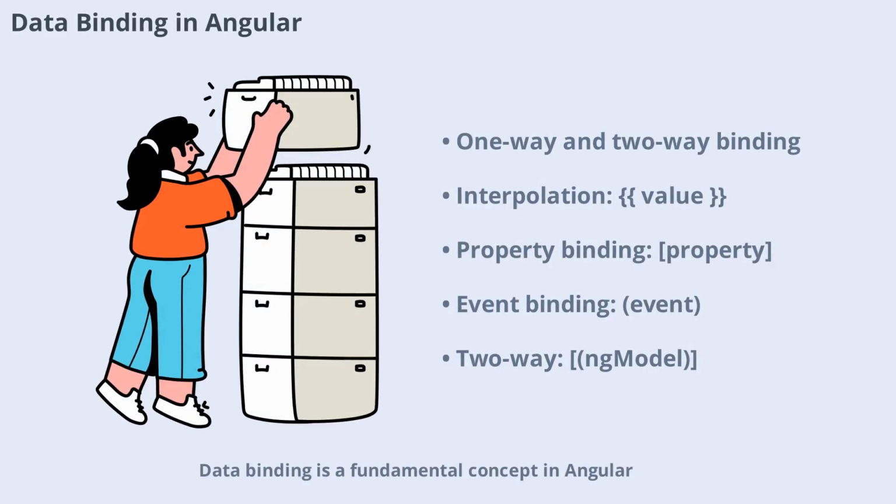Data binding is a fundamental concept in Angular, connecting the component's data with the template or view. There are two main types. One, one-way data binding, where data flows in a single direction from component to view or vice versa. And two, two-way data binding, where changes in the view and component reflect each other.